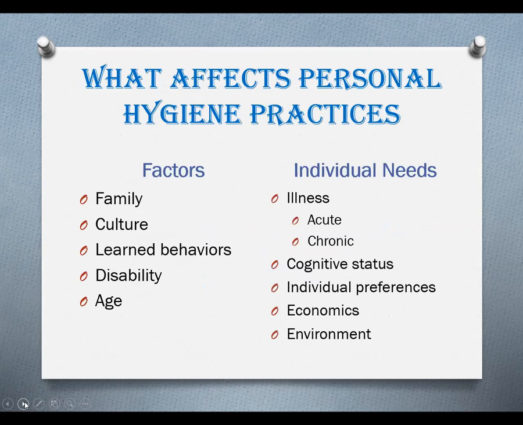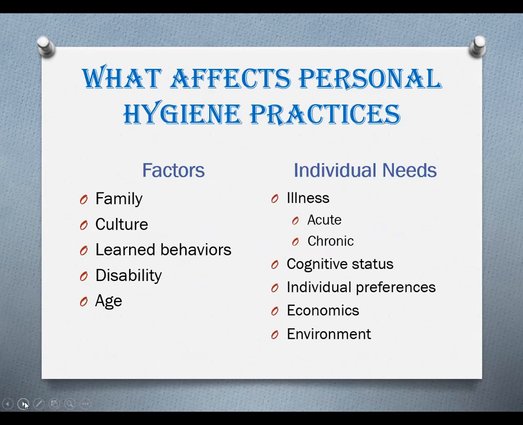So before we get into the details of our personal hygiene, let's look at what affects personal hygiene practices. Some factors listed here are family, culture, learned behaviors, disability, and age. And then individual needs. Some residents may be ill, it could be acute or chronic.